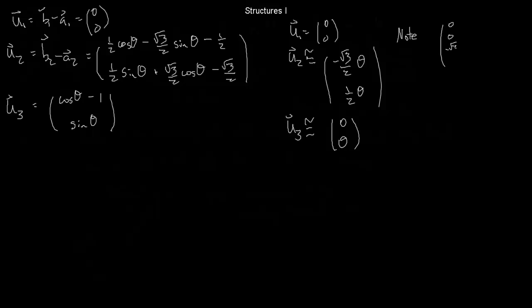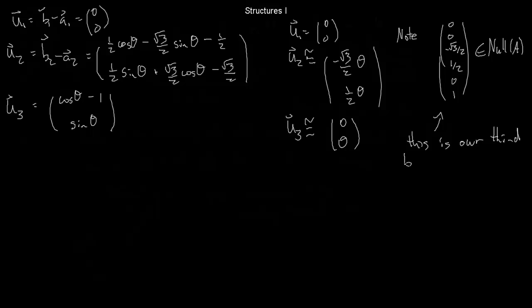Now, you see that if I pull out theta and stack those three vectors, I have exactly my third basis vector of the null space. So what I'm seeing in the null space is a tangent line approximation to a free rotation around one node. That's my third basis vector. So the basis vectors of the null space of my matrix A correspond to rigid motions in the plane.